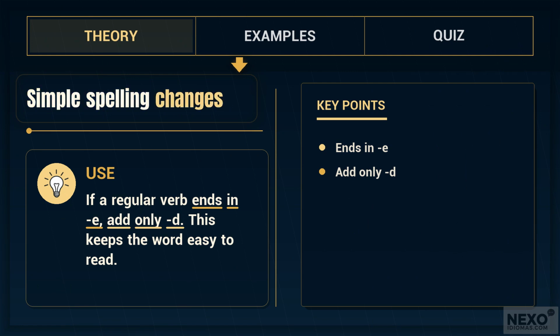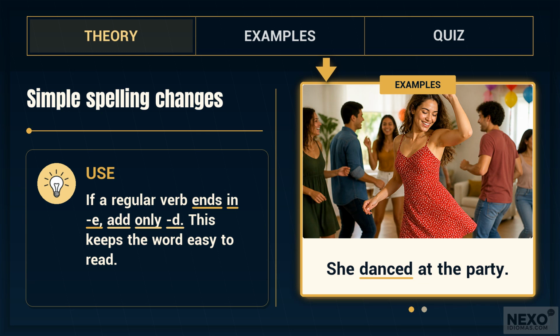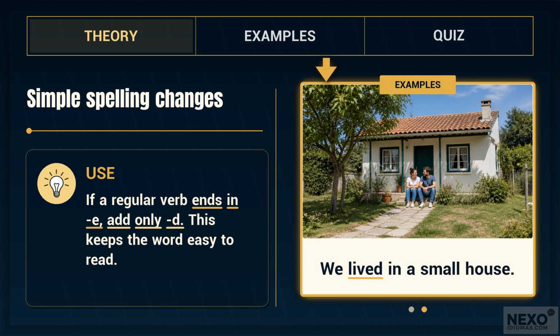Simple spelling changes. If a regular verb ends in E, add only D. This keeps the word easy to read. Example, she danced at the party. Example, we lived in a small house.